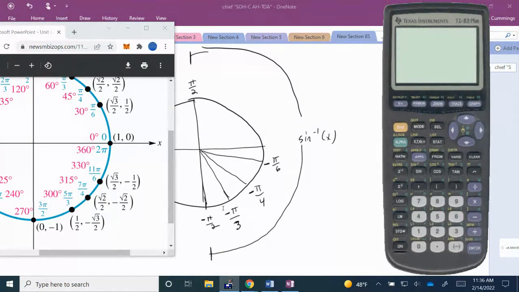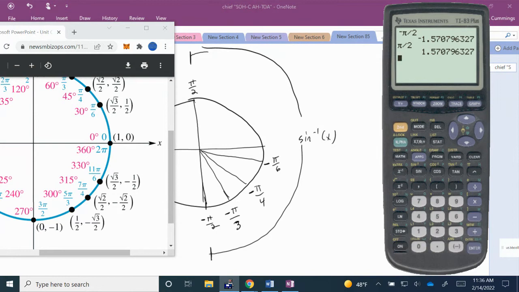If I were to decimalize these things, I'm going to go back to the main screen. Negative pi over 2 should be negative 1.57, and positive pi over 2 is positive 1.57.